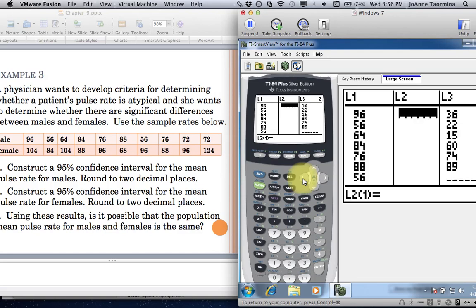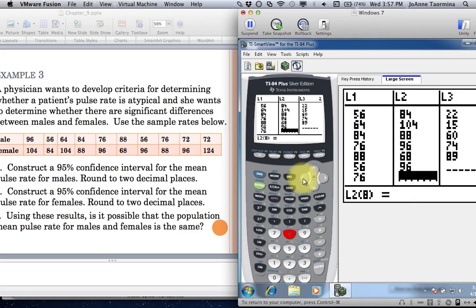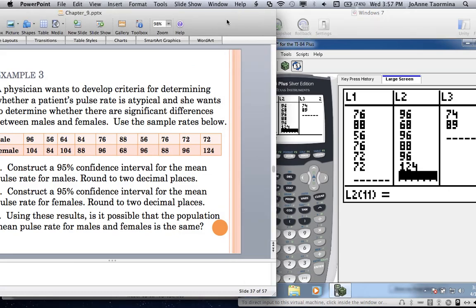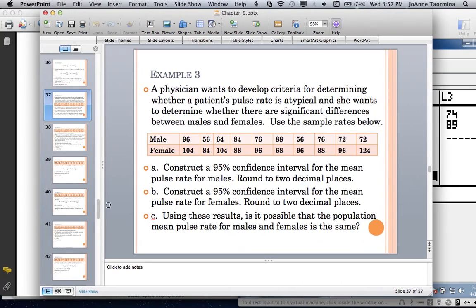And for females, 104, 84, 104, 88, 96, 68, 96, 88, 96, 124. Okay, so that's the first step in handling raw data when dealing with confidence intervals.